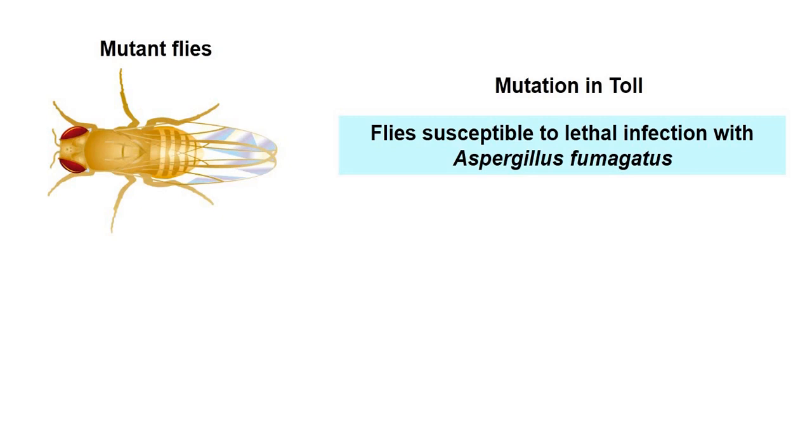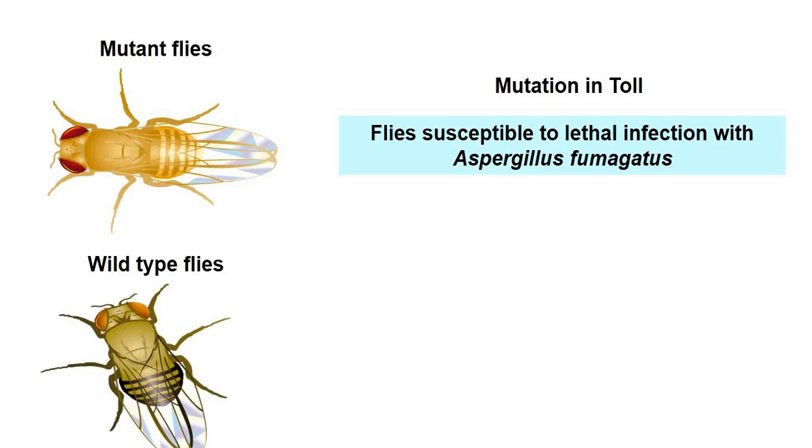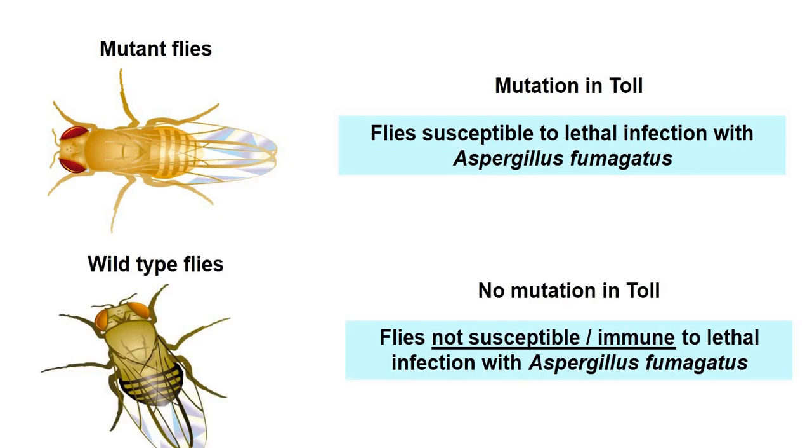On the contrary, the wild type flies, where there was no mutation in Toll, were not susceptible to lethal infection with Aspergillus fumigatus.